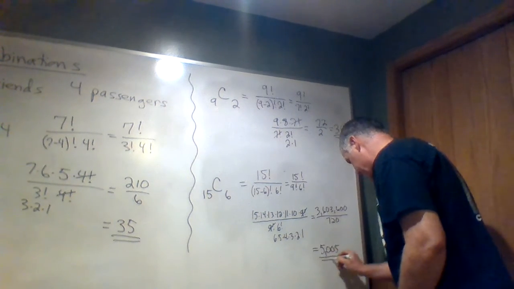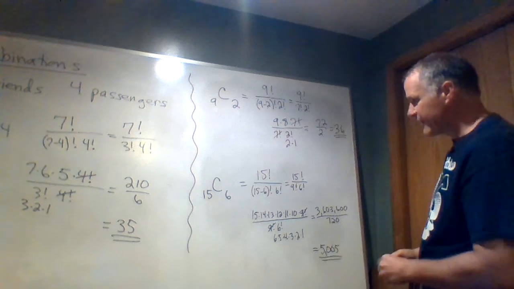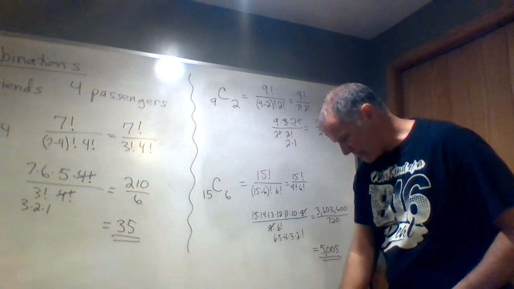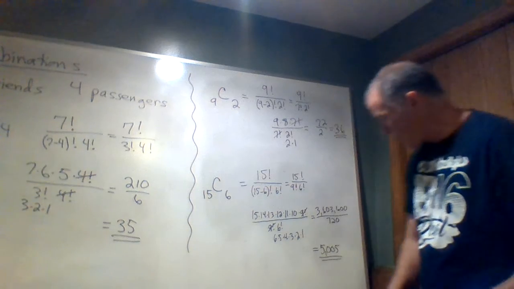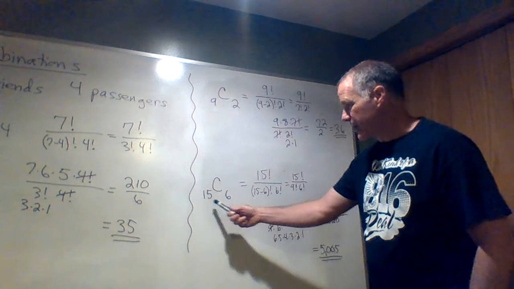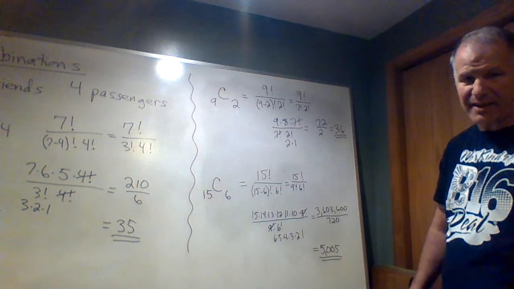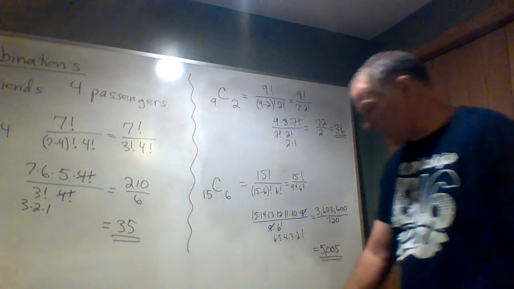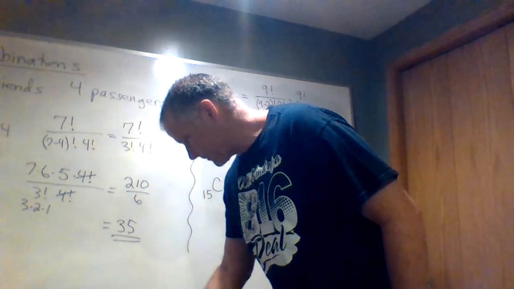Boom. There we go. 5,005. That is our answer. So that's how many different combinations you could get in the van if you had 15 players and you're putting 6 in a van at a time. 5,005.